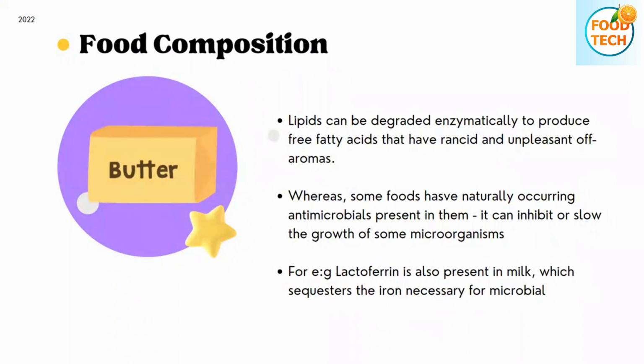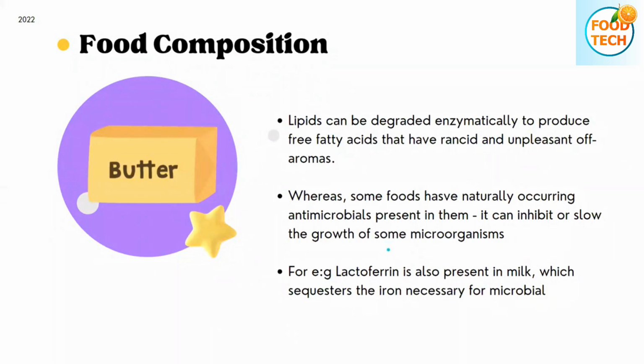Although the food processing industry adds preservatives, even naturally, these foods have certain compounds in them, which help protect themselves from microbes. For example, one example that I have given is lactoferrin. Lactoferrin is present in milk, and it sequesters iron.